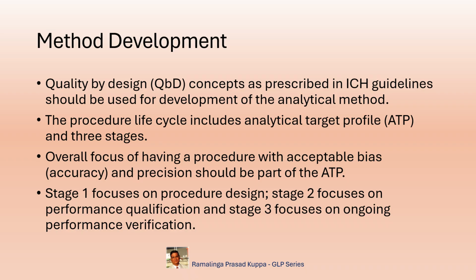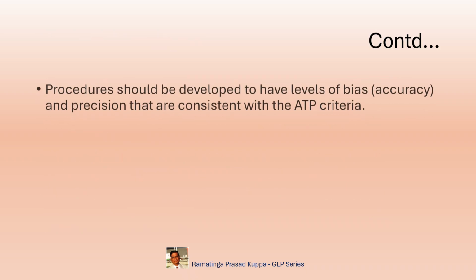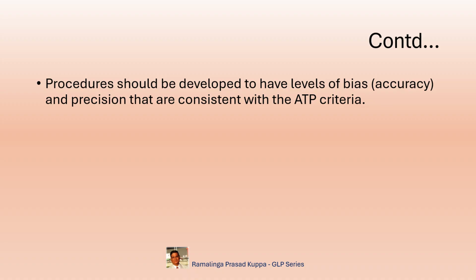Next step is to develop these stages 1, 2, and 3 for monitoring the performance verification. Procedures should be developed to have levels of bias and precision that are consistent with the ATP criteria.